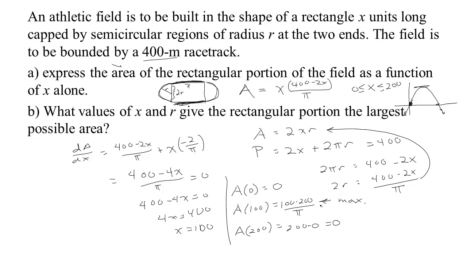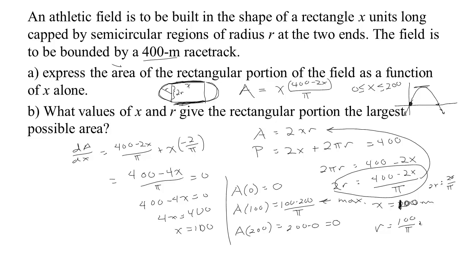So what are we going to do in order to achieve that max? Well, we're going to make x be 100 meters, because when x is 100, that's when the max is. And then we can figure out what r needs to be. From this equation, we see that 2r is supposed to be 400 minus 2x, so if x is 100, 2r is going to be 200 over pi, and so r is going to be 100 over pi.